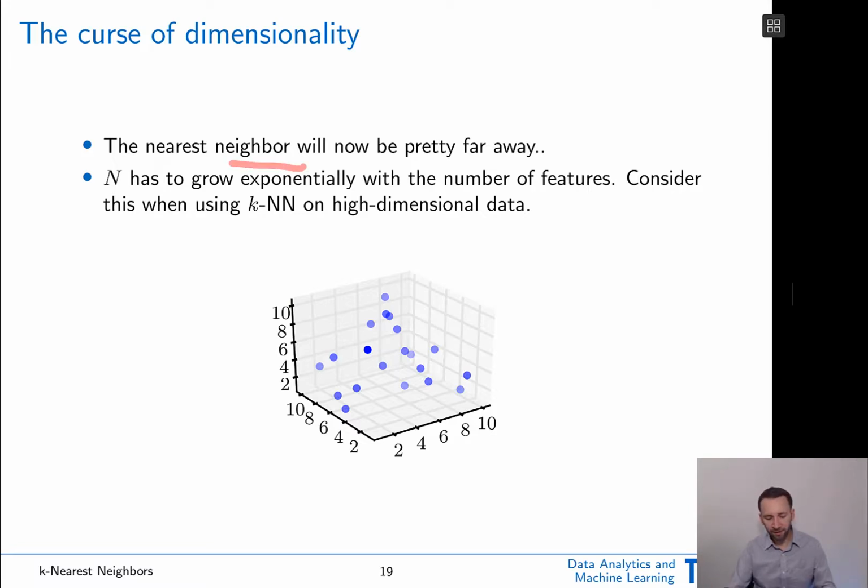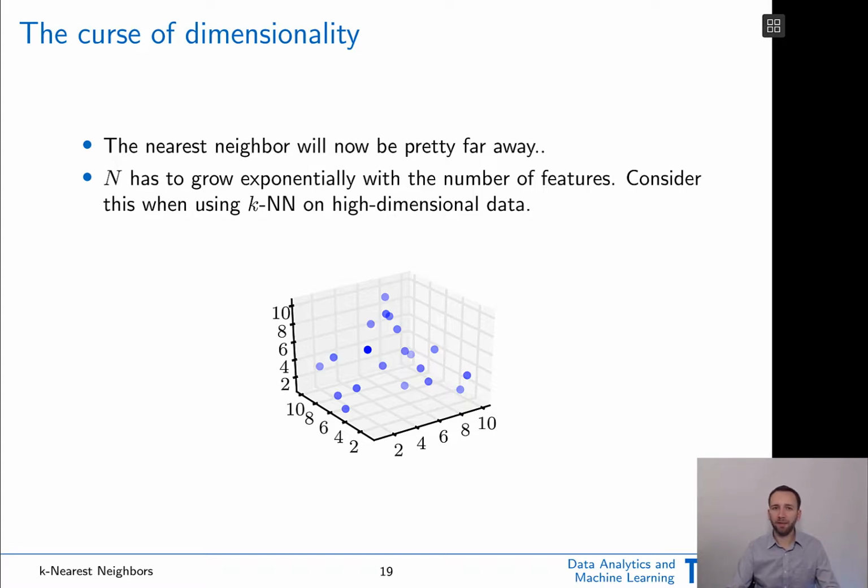We need exponentially many data samples, which is not doable. We don't have the capacity to collect such data sets. So for high dimensional data, KNN might not be a good idea, because the meaning of nearest neighbors doesn't make any sense anymore.